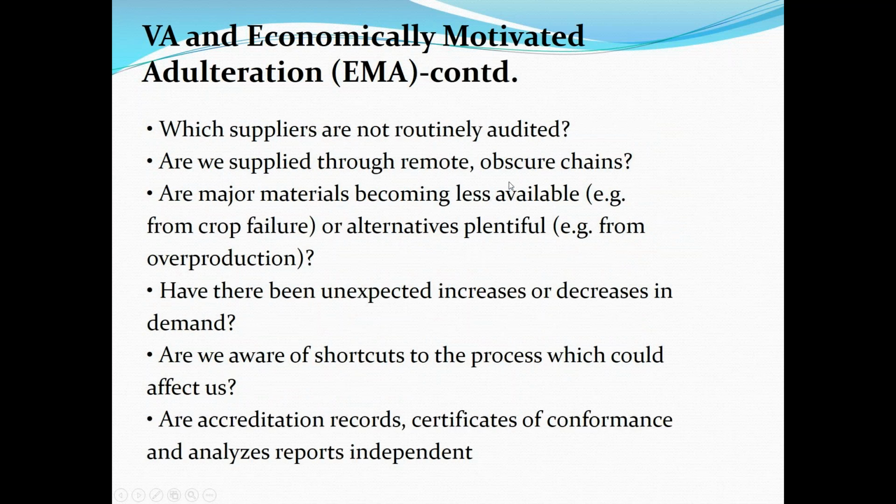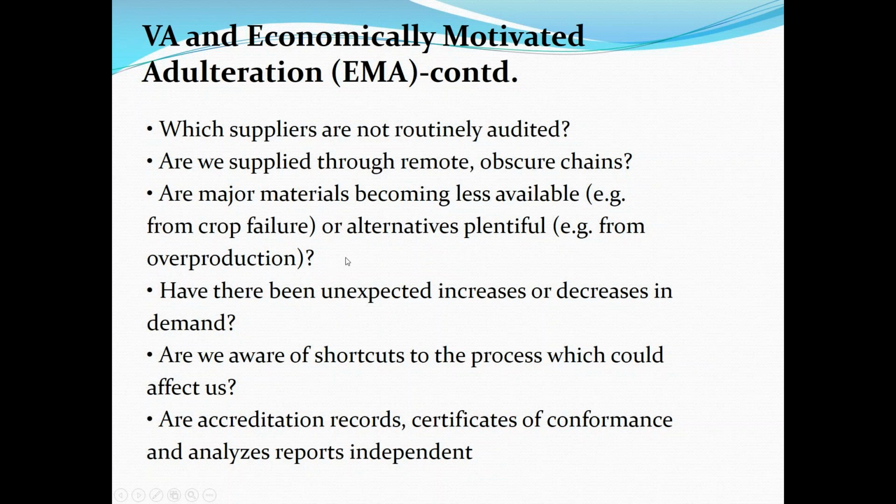And there are more questions. Which suppliers are routinely audited or not routinely audited? Do you get supplies through remote, obscure, unknown supply chains? Do you get materials from unknown chains? You should be cognizant of these things also. Or are major materials becoming less available due to crop failure, for instance?